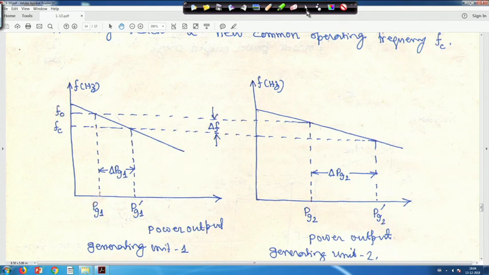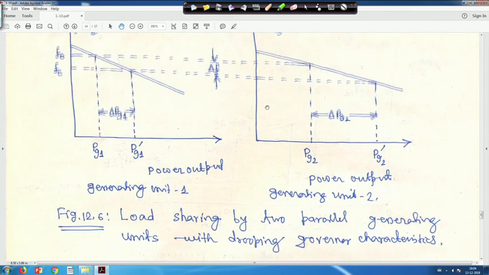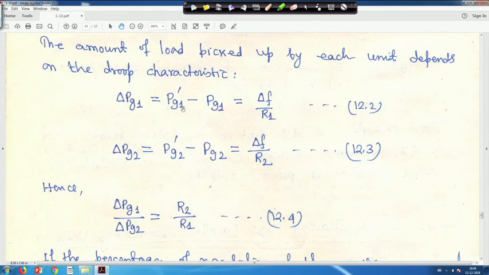So, if we write down, delta Pg1 is equal to delta f upon R1, because the frequency deviation is common. This is equation 2. Similarly, delta Pg2 is equal to delta f upon R2.